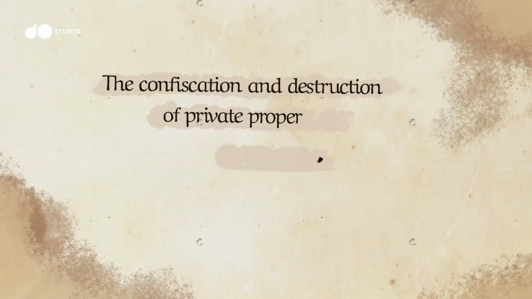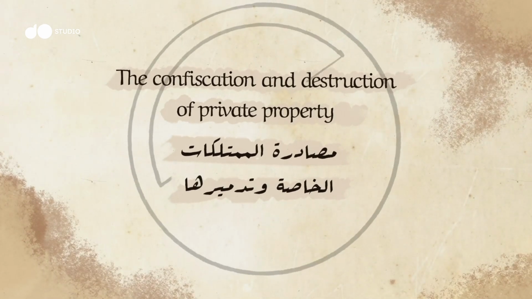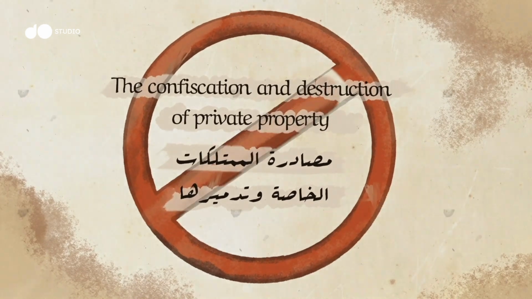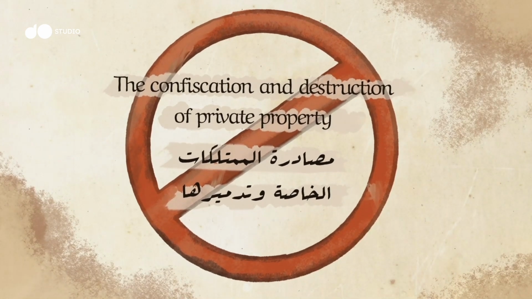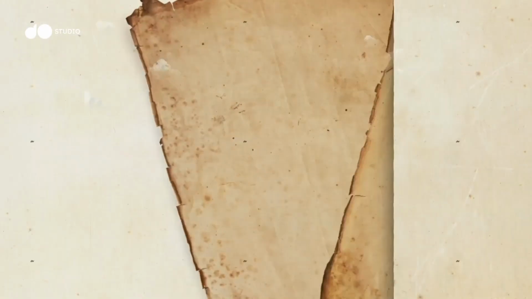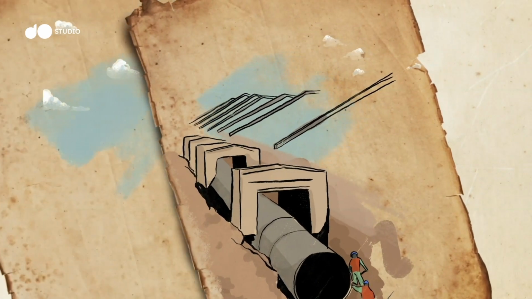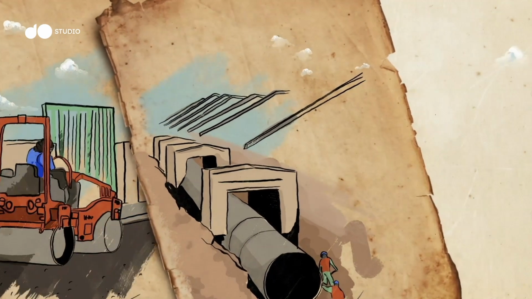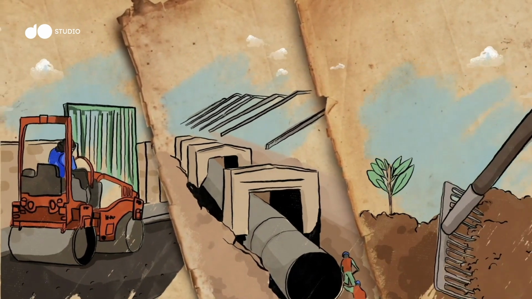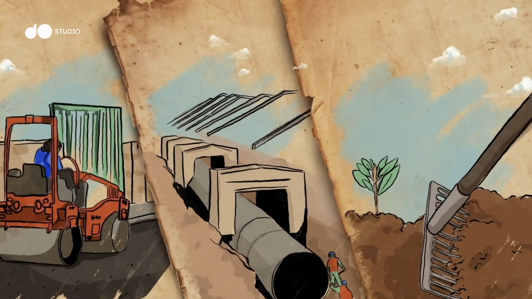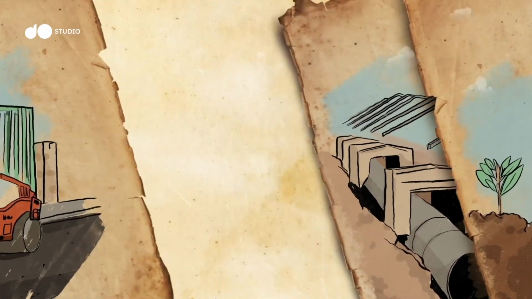The confiscation and destruction of private property is prohibited under Articles 52 and 53 of the Hague Regulations, and is only allowed under very specific circumstances for military needs by the belligerent occupant. Concerning public land, Article 55 of the Hague Regulations allows the belligerent occupant to only use public land through temporary usufructuary privileges to ensure that the protection and functional maintenance of the land of the occupied state remains intact for the returning sovereign.